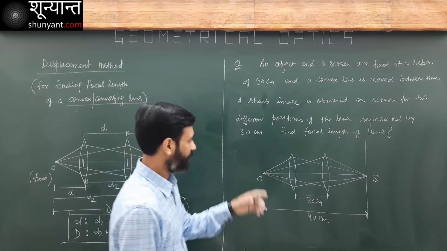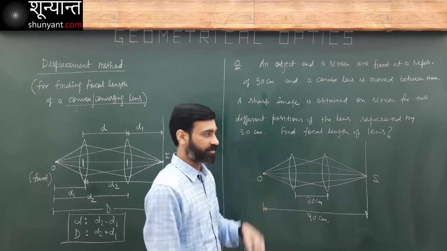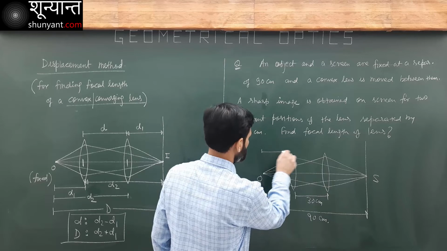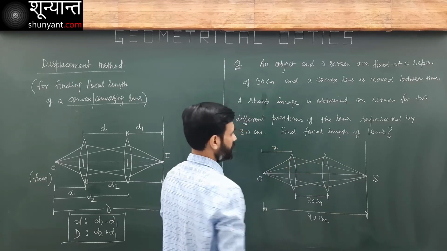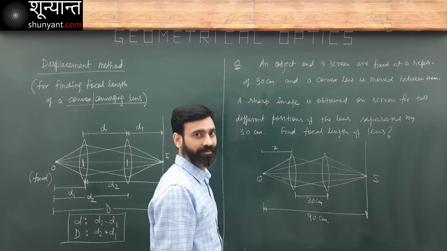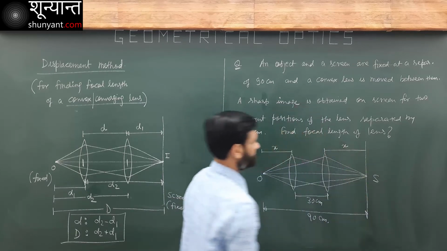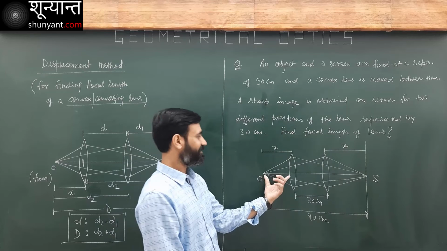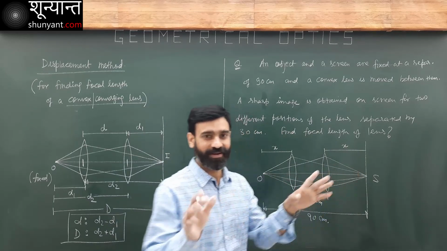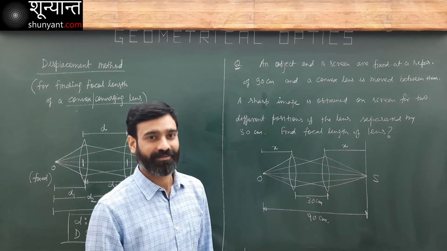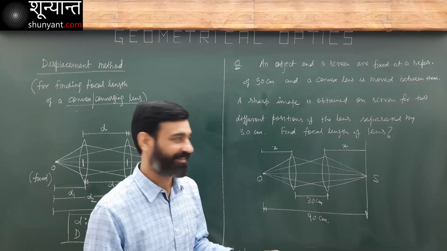Let's see, reciprocity. If this is x, let's say, then this also should be x. Object distance here, simple reciprocity. Very interesting.